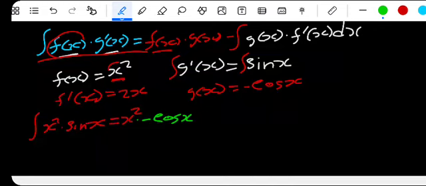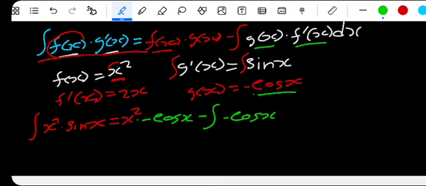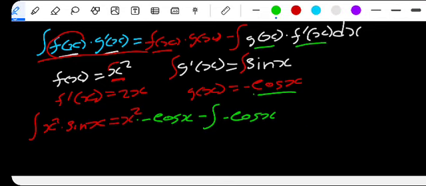Here we have minus the integral of g of x, which is negative cos x, multiplied by f prime, which is 2x, dx.